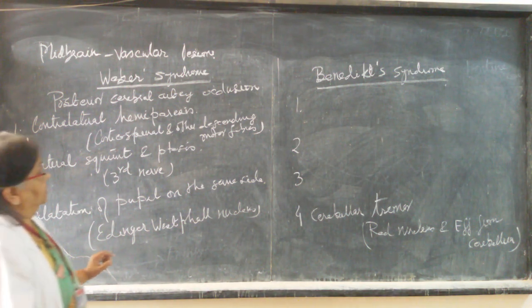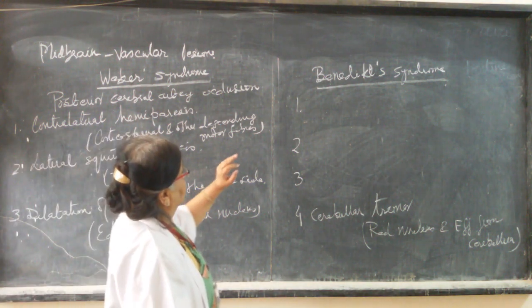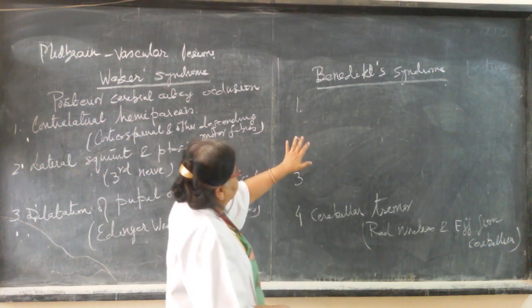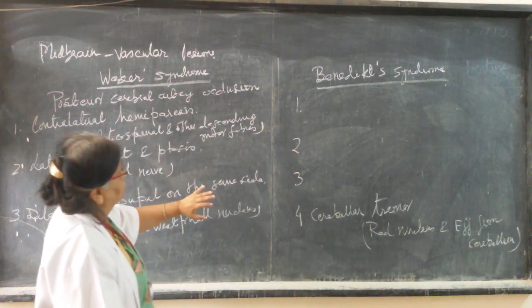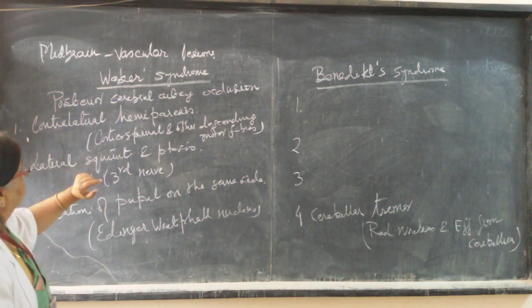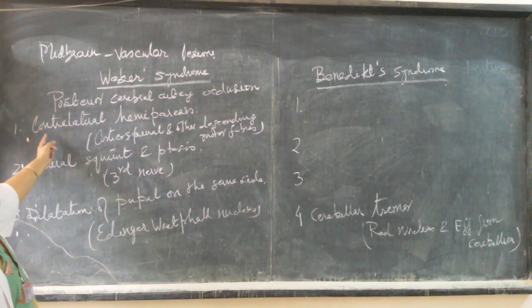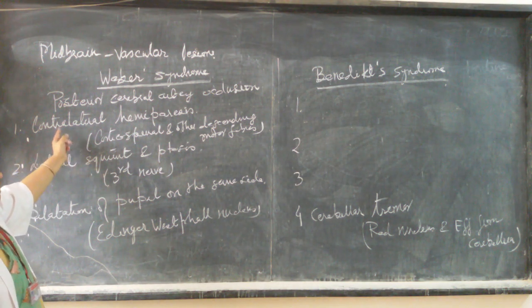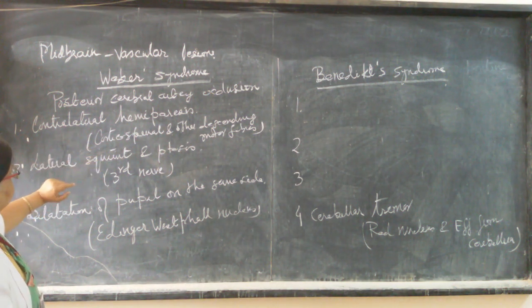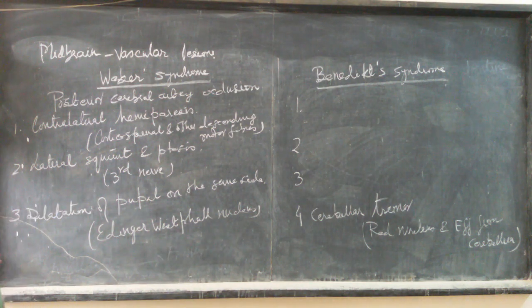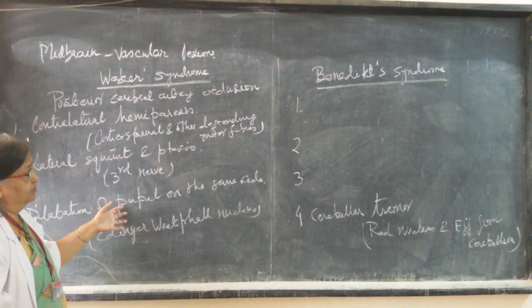Similarly, there is another syndrome known as Benedict syndrome. This gives rise to features similar to Weber's syndrome. The number one feature is similar to Weber's syndrome, the contralateral hemiparesis. Then there will be lateral squint and ptosis. Then there will be dilatation of the pupil.